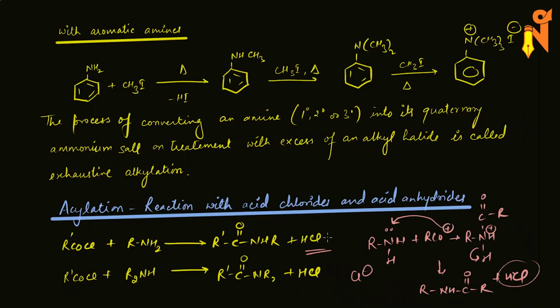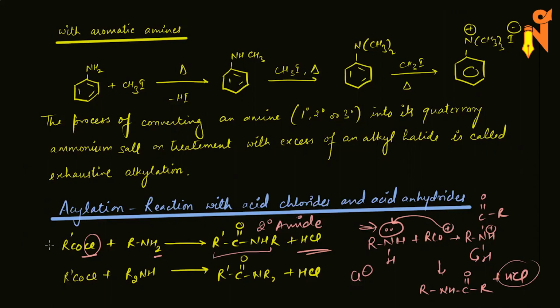So basically, the electrophile is attacking the amine, and the amine's lone pair is acting as a Lewis base, attracting the electrophilic centers towards itself. If you don't want to go by mechanism, you can simply understand it this way: chlorine is going from here, hydrogen is going from RNH2, HCl is forming, and the remaining substances are attaching with each other, forming R-CONHR. So basically, a secondary amide is forming.